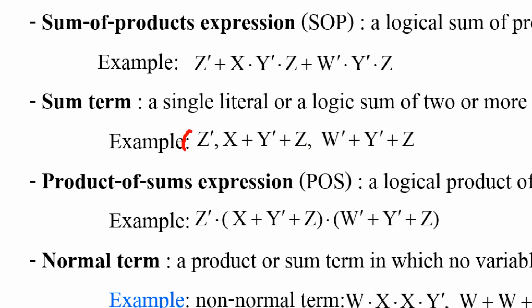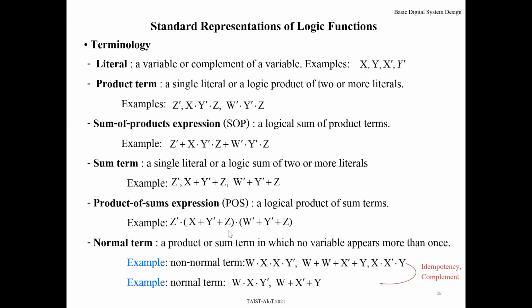If we AND these sum terms together, then it becomes a product of sums. And a normal term is a product or sum term in which no variable appears more than once. For example, in this xx, x appears two times, so it's not a normal term. For a normal term, x must appear only one time. This one also, w plus w, you can write only w, one time.